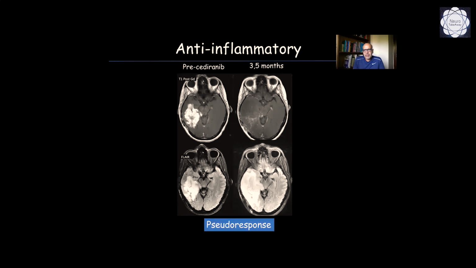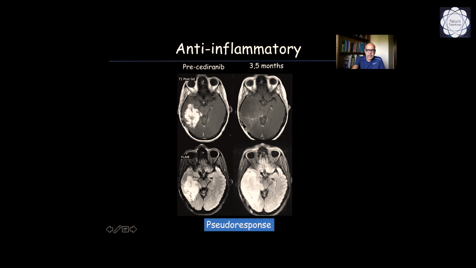Here we have a typical case of this so-called pseudo-response with cediranib. We have here the first slides, pre-treatment. You have a very ugly tumor in the right temporal occipital region.